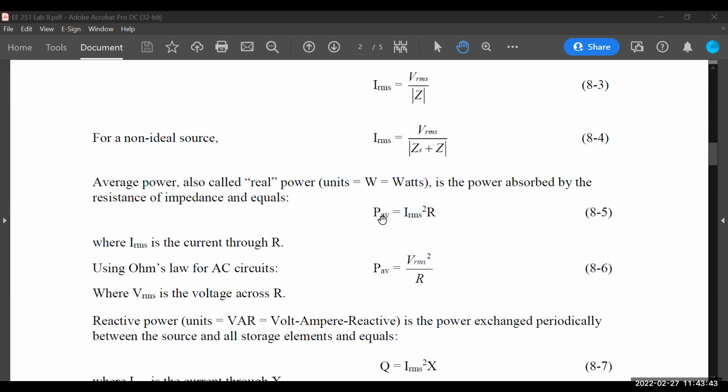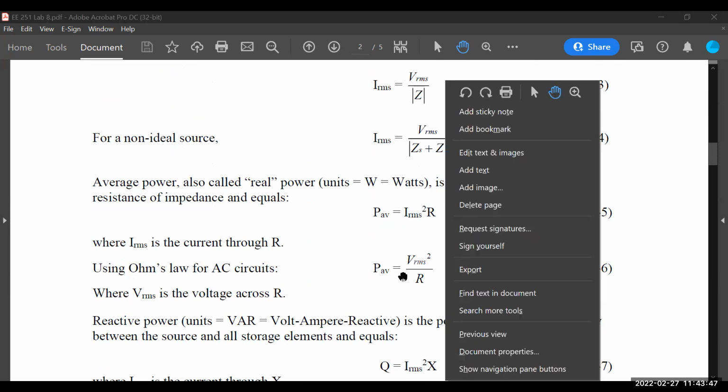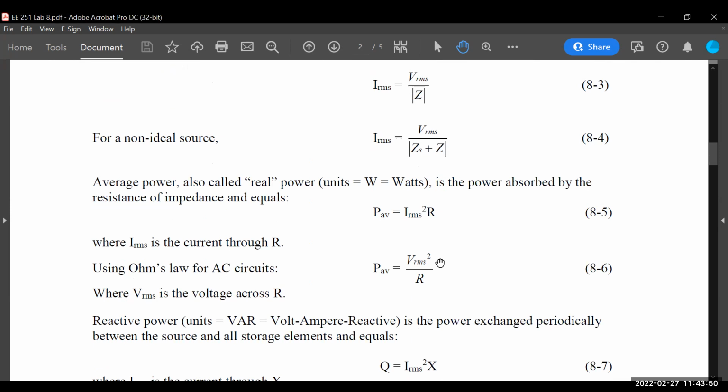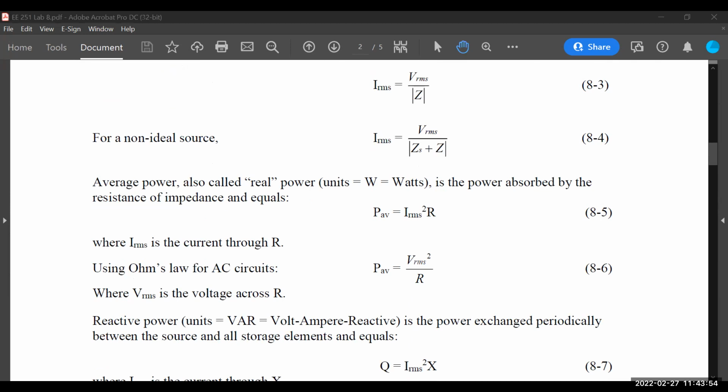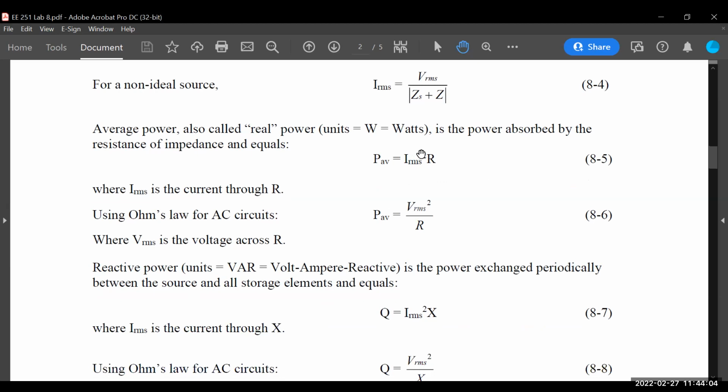Here you can see P is equal to I squared times R. P is also equal to V squared over R. We still use the same equations, but because it's AC, we have to use the RMS values for the voltage and the current. So it's V RMS squared over R and I RMS squared times R.